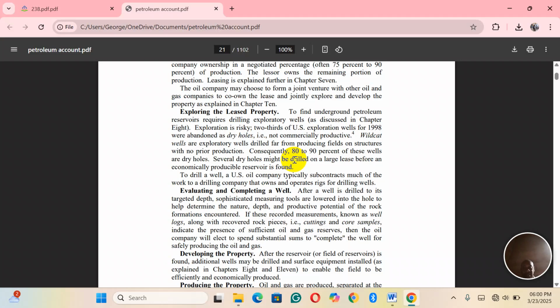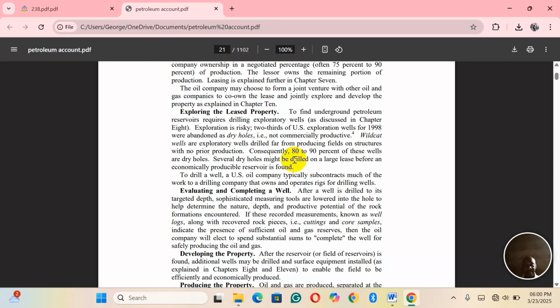Consequently, 80 to 90% of these wells are dry holes, and several dry holes might be drilled on a large lease before an economically producible reservoir is found. To drill a well in the US, oil companies typically subcontract much of the work to a drilling company that owns and operates rigs for drilling wells.